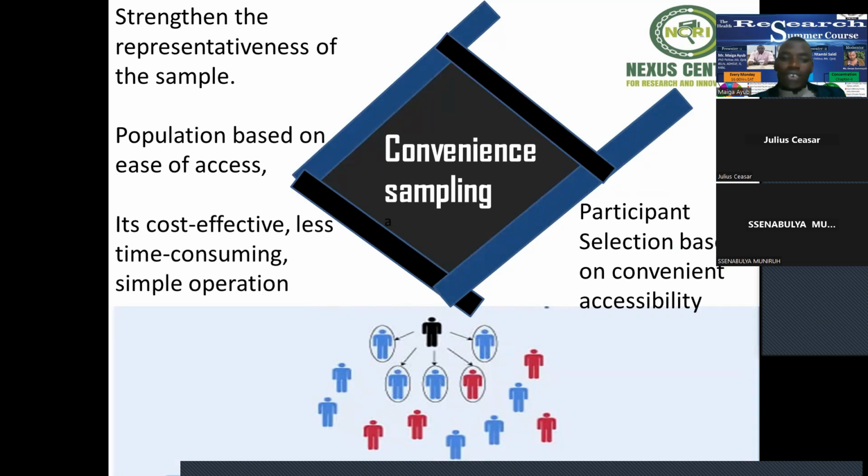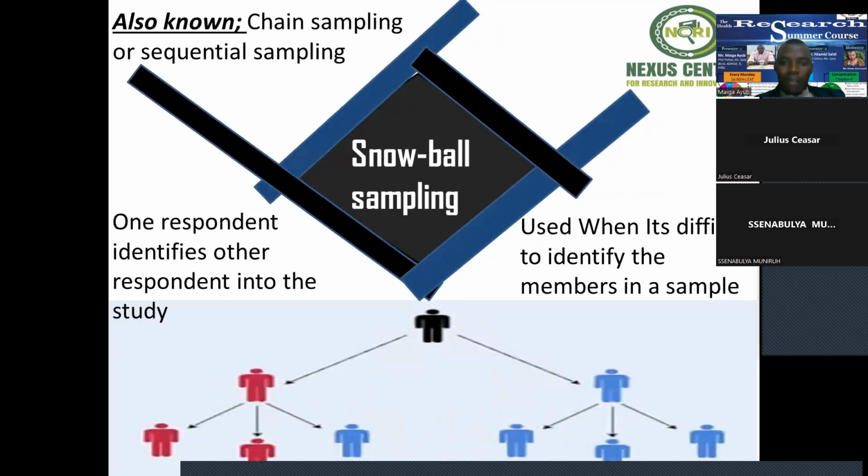Researchers do convenience sampling because it is cost effective, less time consuming, and has simple operations. You just say, I will take all mothers that will come. I'll consider only mothers who stay in Kampala because you stay in Kampala. So why would you go for mothers in a far-reaching area? So that is convenience sampling.